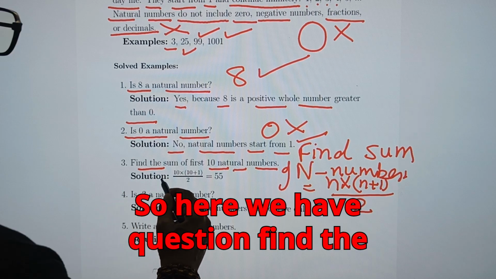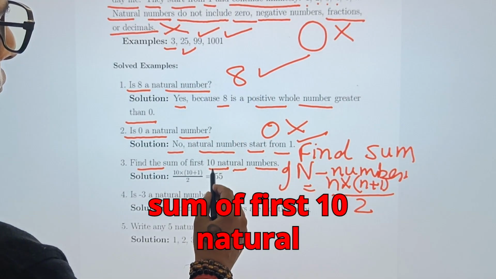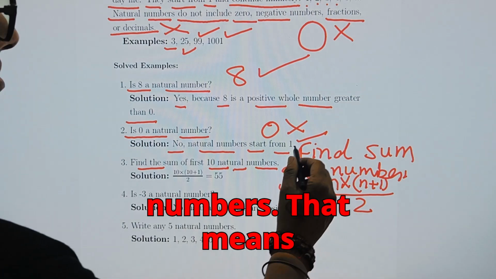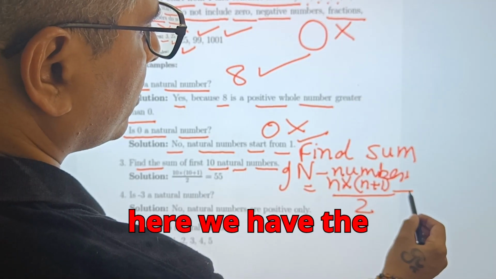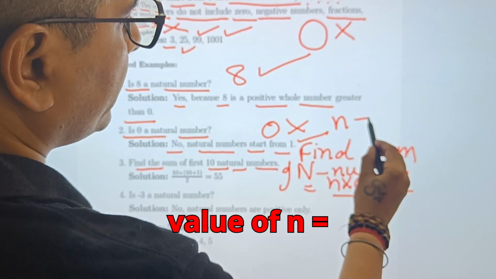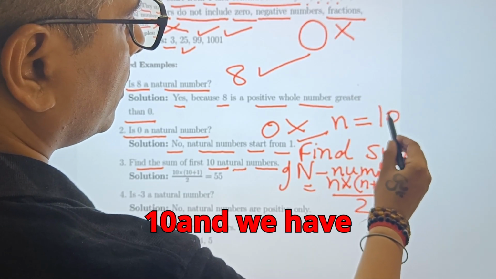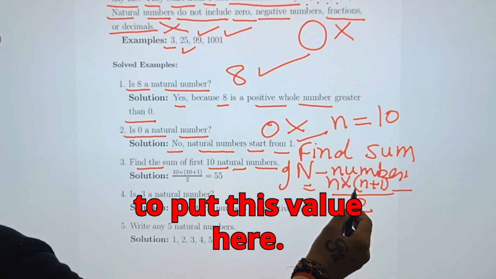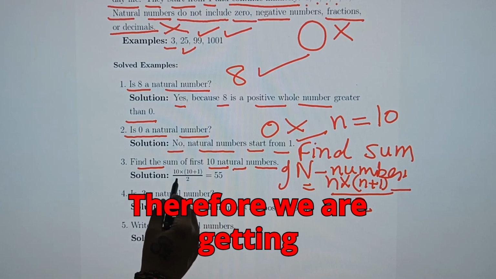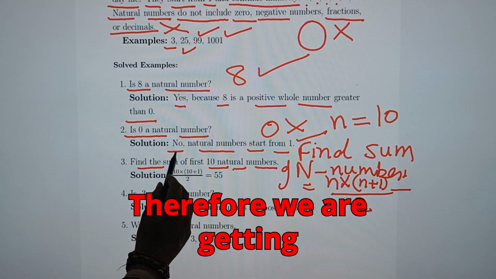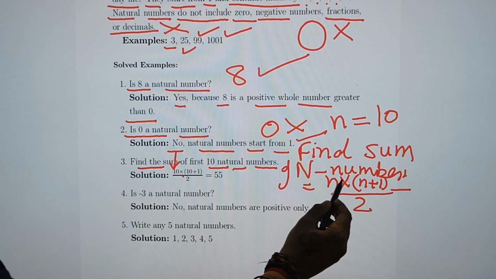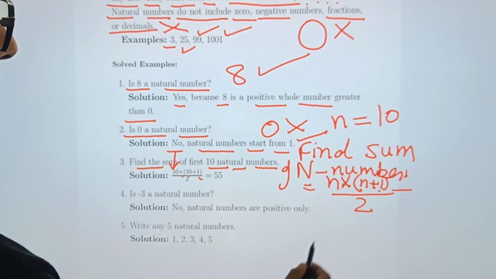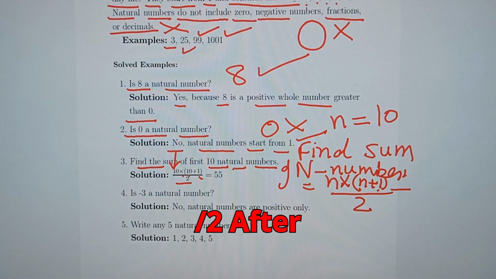So here we have the question: find the sum of first 10 natural numbers. That means here the value of n is equal to 10 and we have to put this value here. Therefore we are getting 10 into 10 plus 1 upon 2.